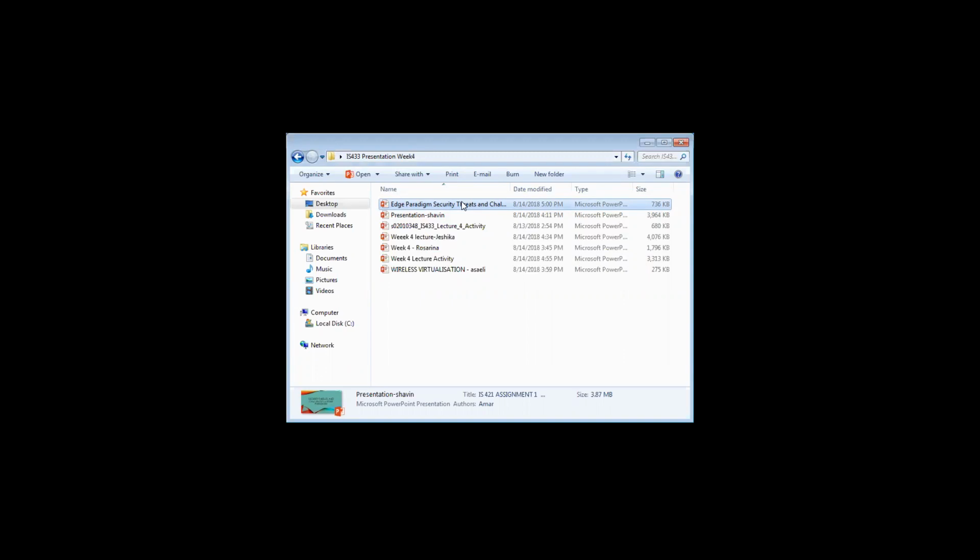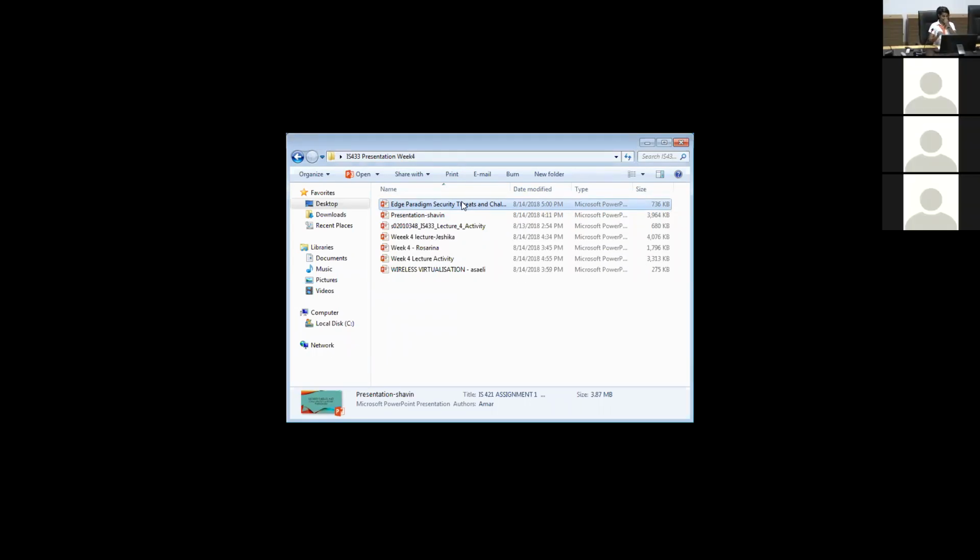Rashna, we can see that you are about to open something, but we cannot see anything else. Can you see me now? Yes, we can see someone sitting there. And can you see my slide? No, you haven't opened it yet. You have to open it and you have to share it.